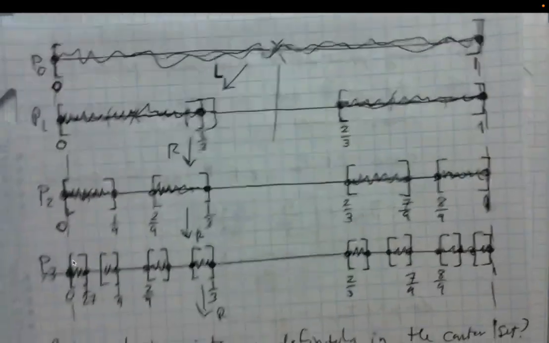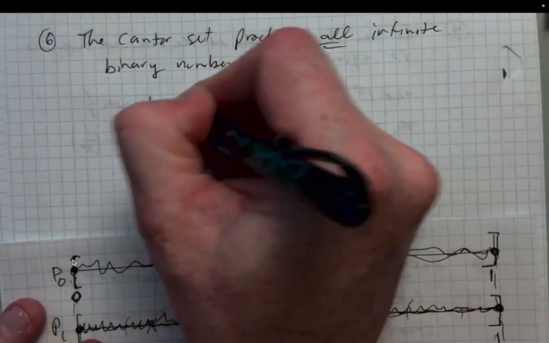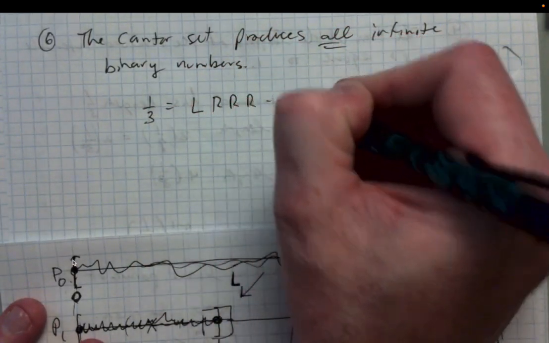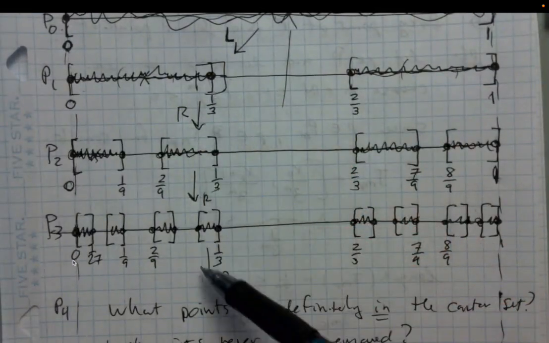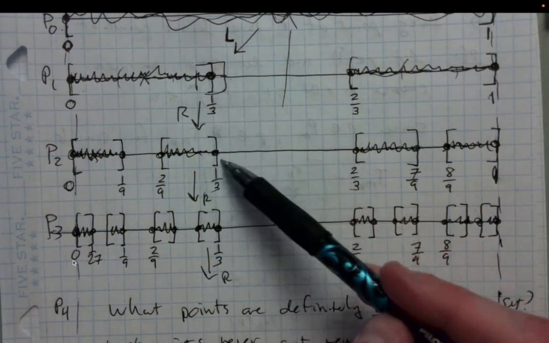And so I could represent 1/3 as L, R, R, R, and it's always going to be on the right-hand side, isn't it? If you look at the picture, right, right, right, right. I'm never going to go left, because this is the most extreme endpoint in layer 1.